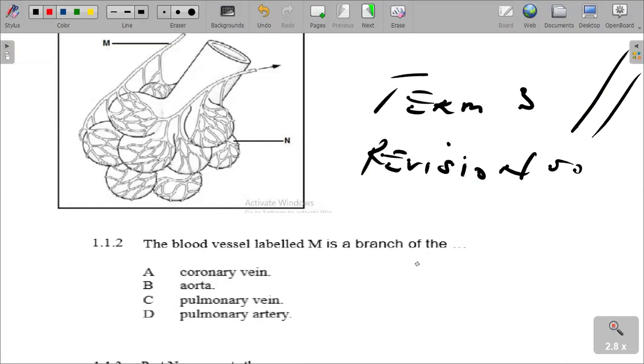If you check previous videos, we identified and analyzed that the pulmonary artery is shown by a typical diagrammatic representation of the blood vessel that we are seeing here.